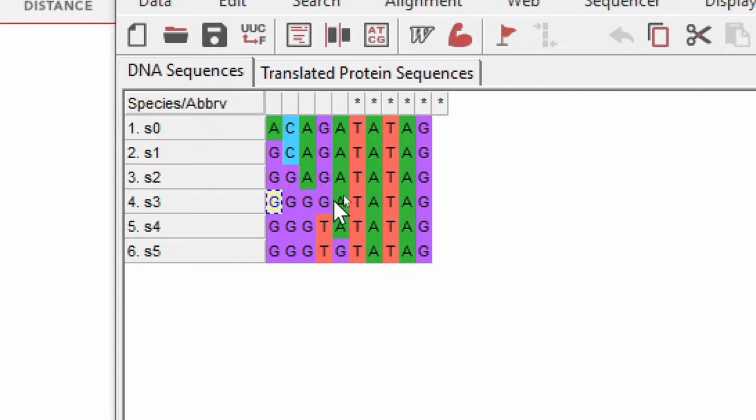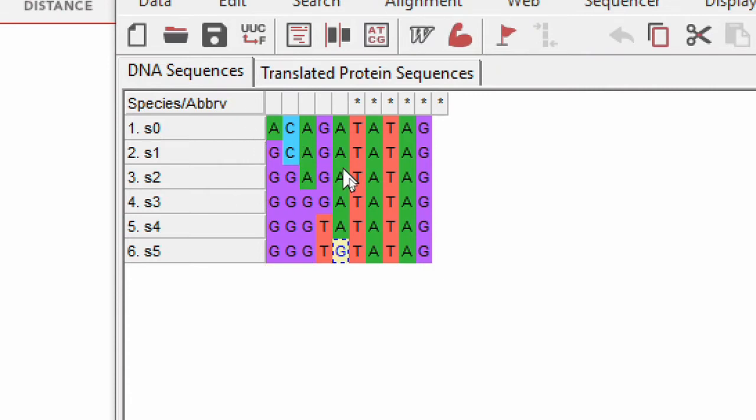In sequence 3, I substituted 3. In sequence 4, I would like to put G in this position as well to make it 4. However, here is the G, so I changed it to T. And in the final sequence 5, I substituted it to G again. So here there are 5 substitutions in comparison to sequence 0.